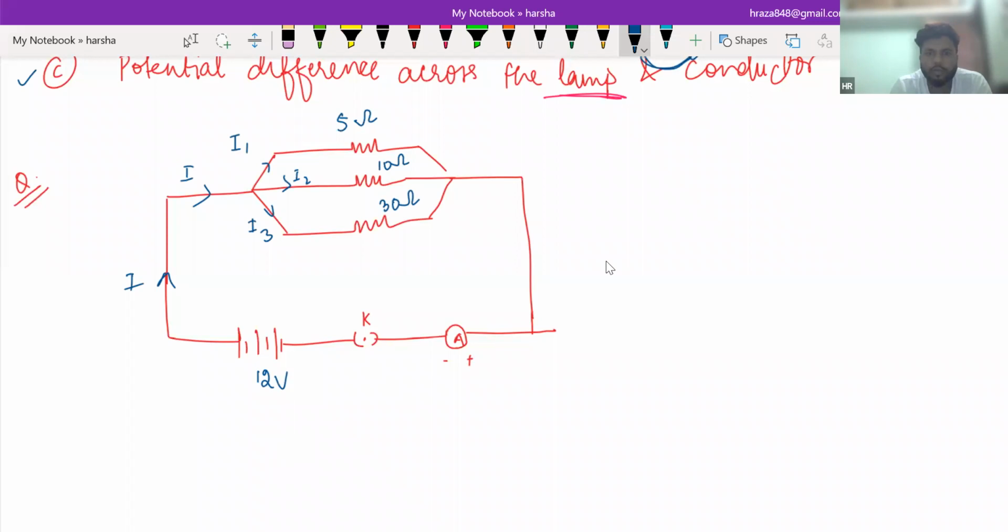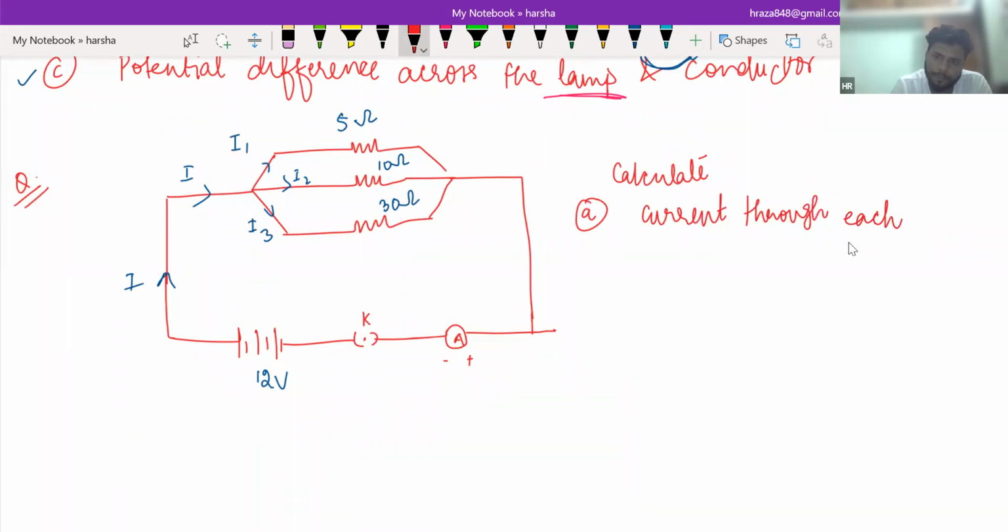And what we need to do is calculate: the A part is current through each resistor. B part is total current in the circuit.